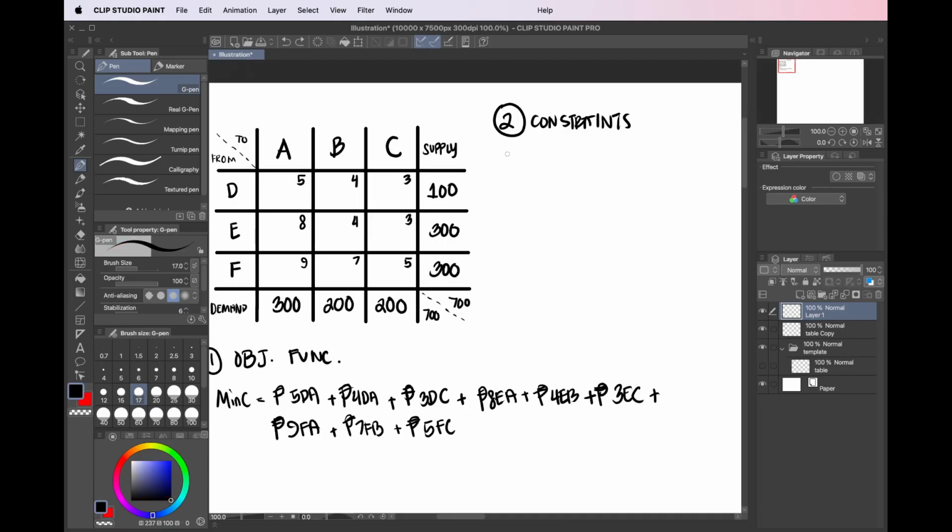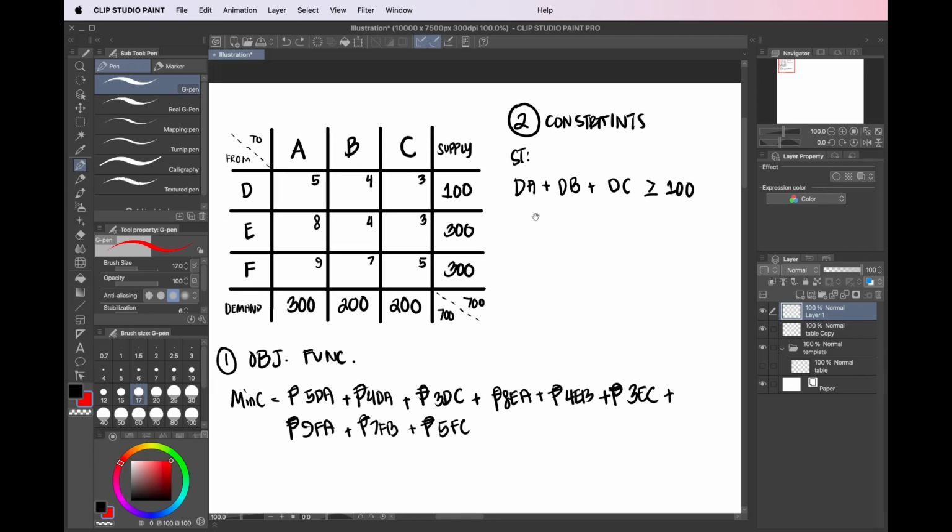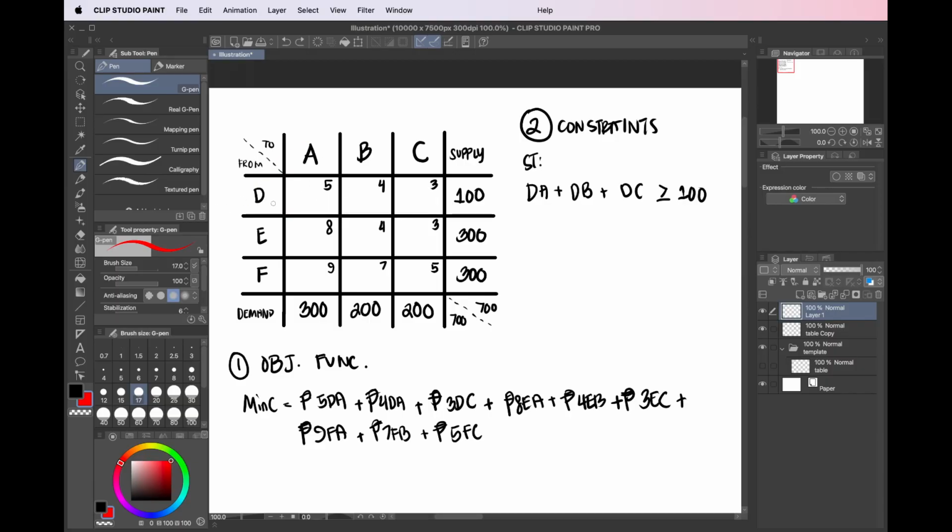So constraints such that dA plus dB plus dC is greater than equal to 100. The reason why we're using greater than equal is minimization. Remember, if it's a minimization problem, it's greater equal, and if it's a maximization problem, it's less than equal. As you can see here, we did dA, dB, and dC is greater than equal to 100.